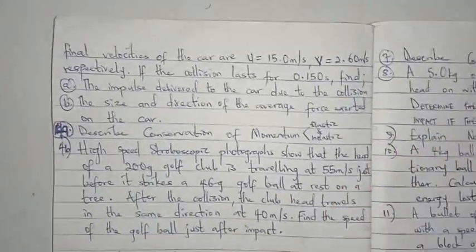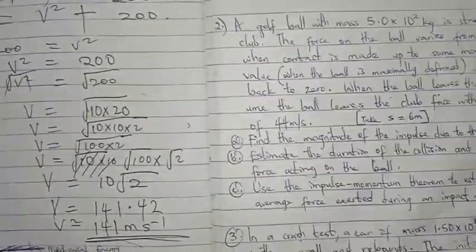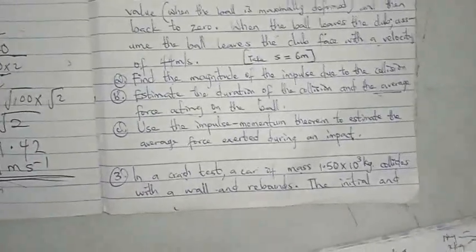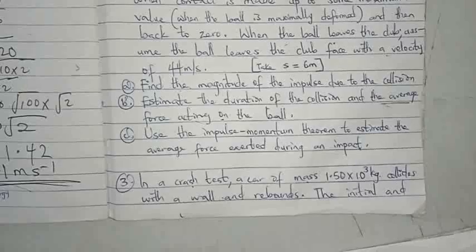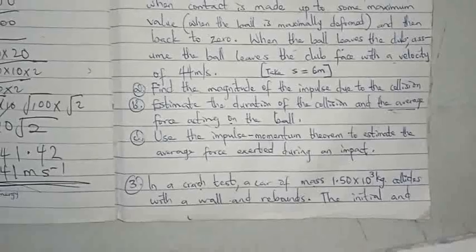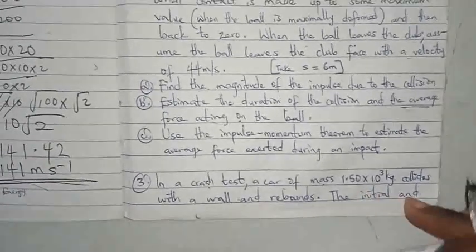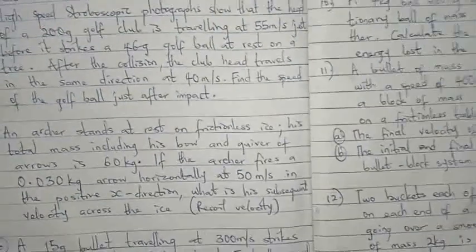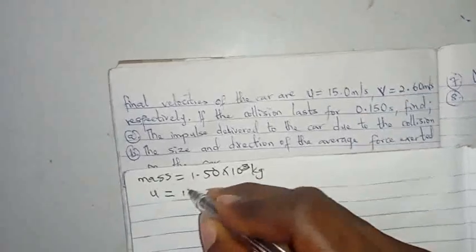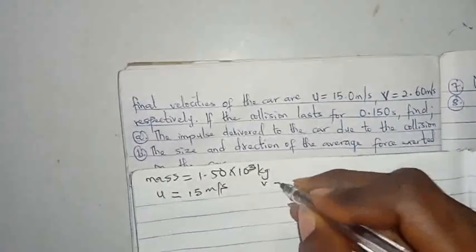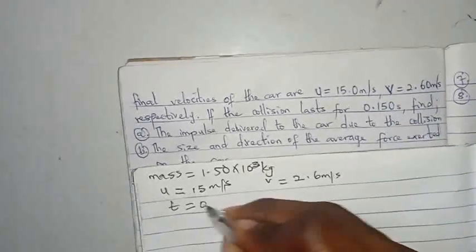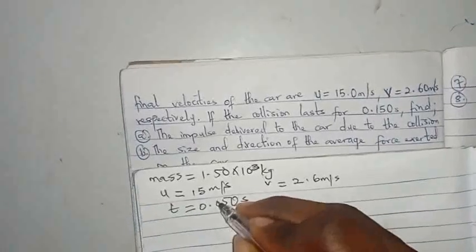So to solve this, I will check what I'm given. I'm given mass, mass equals to 1.50 times 10 raised to the power 3 kg. Initial and final velocity: u equals to 15 meter per second, v equals to 2.6 meter per second, t equals to 0.150 seconds.